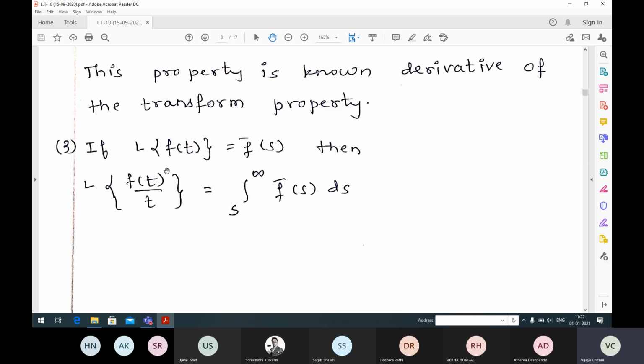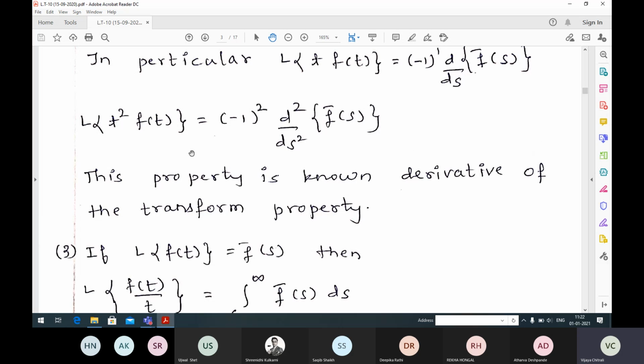This property is known as the division property. So what is the division property? If Laplace transform of f of t is f bar s, then Laplace transform of f of t divided by t is integration from s to infinity of f bar s ds, right?